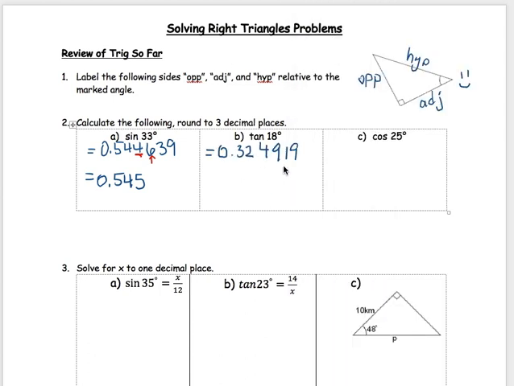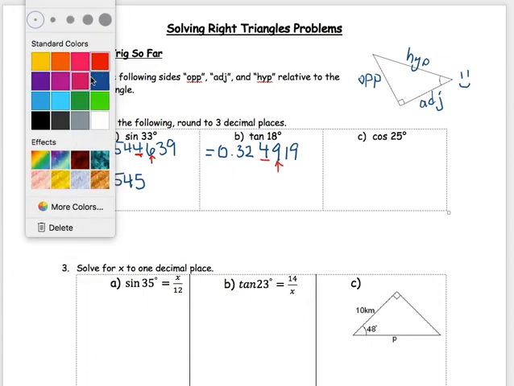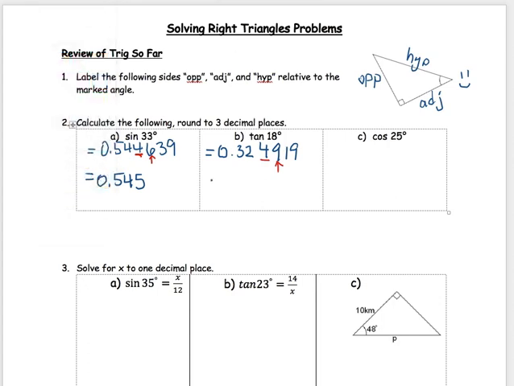I wrote out a few extra digits here, but again, we need to round to 3 decimal places, so we need to keep this 4, and then we're going to look at the next number. It's 9, so that's greater than 5, so we are going to round up this value to there. And then we drop off the rest of the values after that.